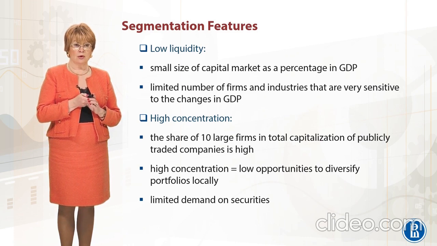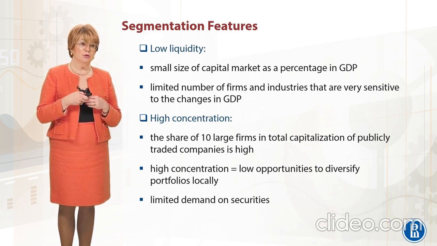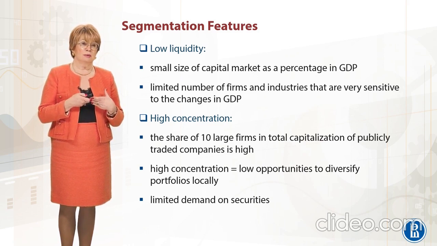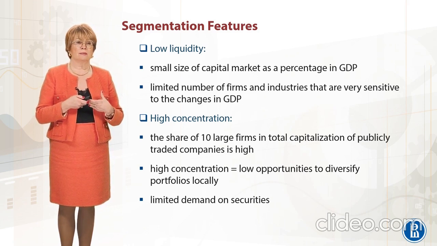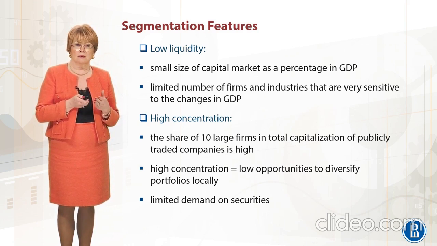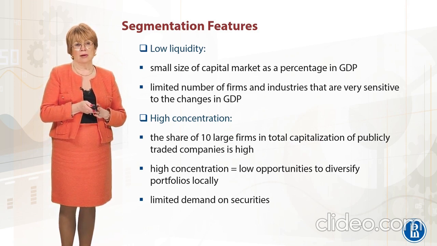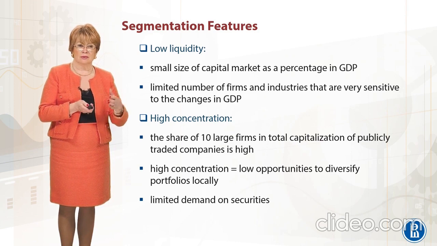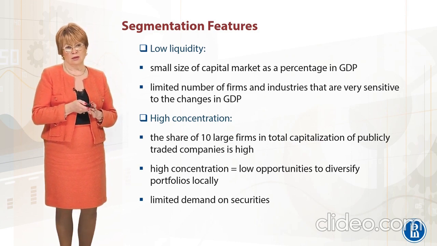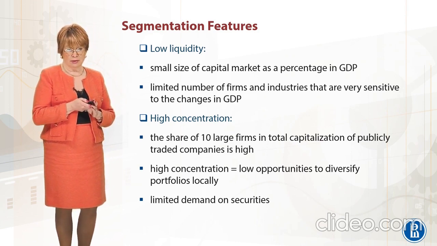So from these arguments, we derive the conclusion about the low liquidity of the emerging capital market, which assumes that this emerging capital market is more or less segmented, or not very dependent on the trends in the global financial markets.